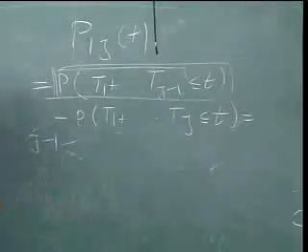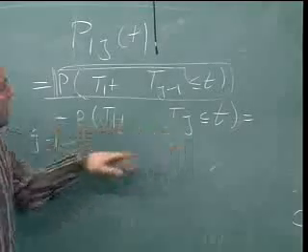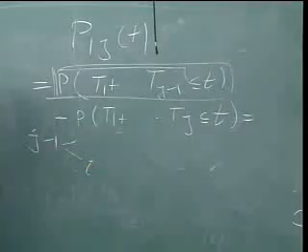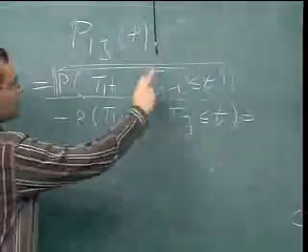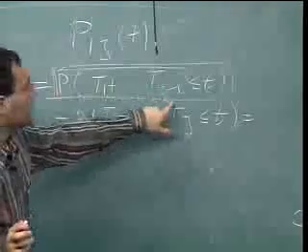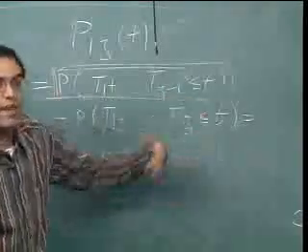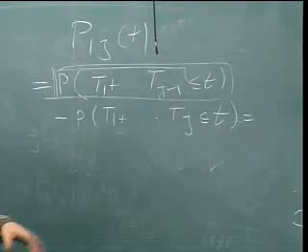In some cases, the jth has also failed before time t. This one is the probability that all of them have failed by time t. So when we deduct this from this, it just leaves us one case: 1 to j minus 1 have failed by time t, but the last one hasn't failed yet. Is it clear or no?